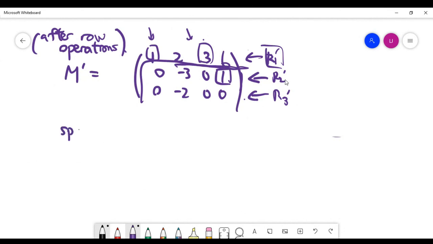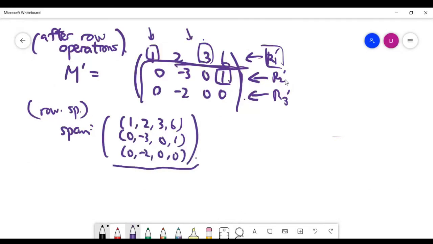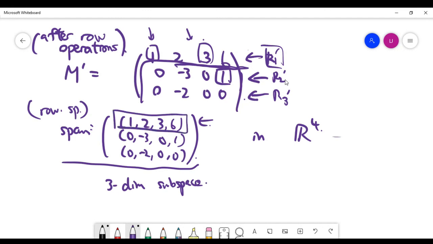So I think it's quite obvious that the row space is spanned by the 3 vectors here. Because each row has 4 coordinates, the row space is sitting in R4, and it's a 3-dimensional subspace in R4. This 3-dimensional subspace has a basis by simply using the 3 rows as the basis vectors.